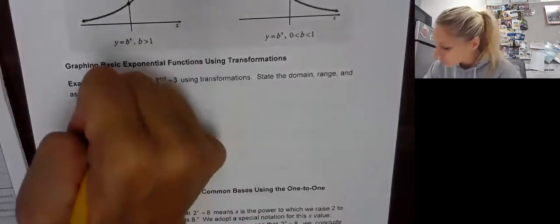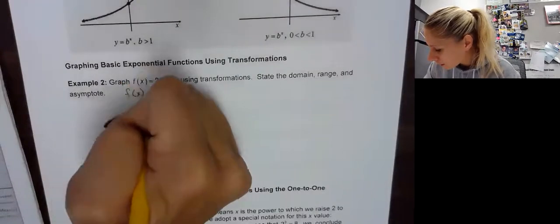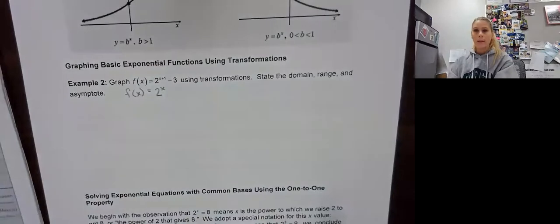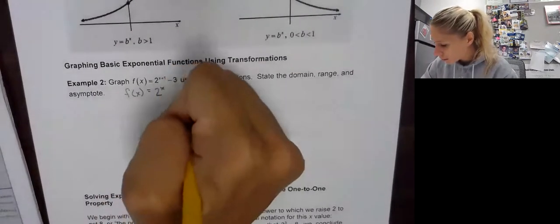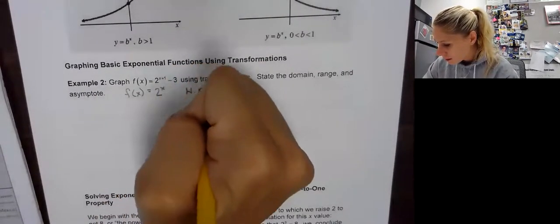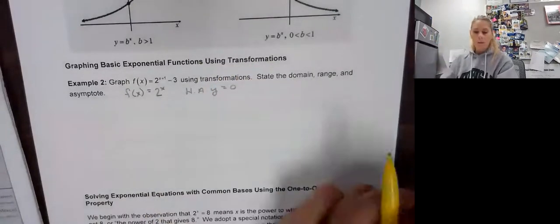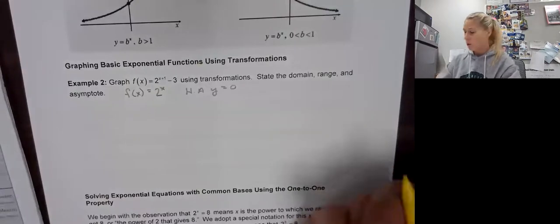The parent function, of course, is f of x equals 2 to the x. So see, that base stays the same and our x is in our exponent. So what we're going to do then is think about that we have a horizontal asymptote at y equals 0, right? And then we have to think of some points that it might go through, okay?